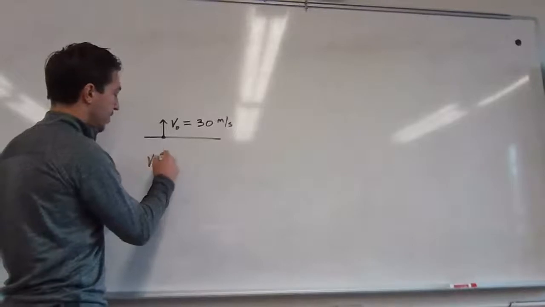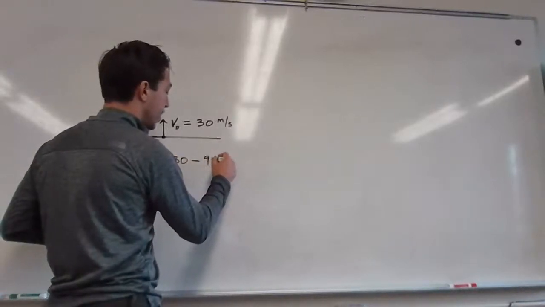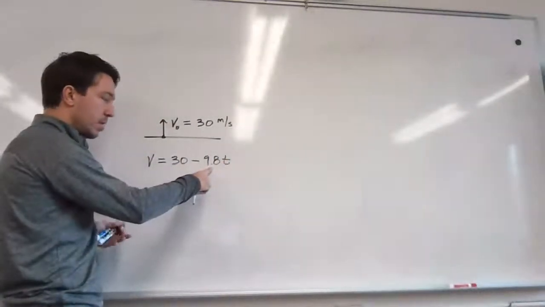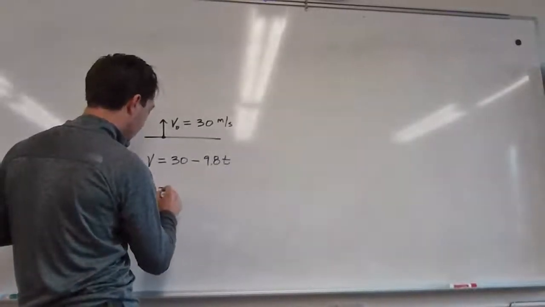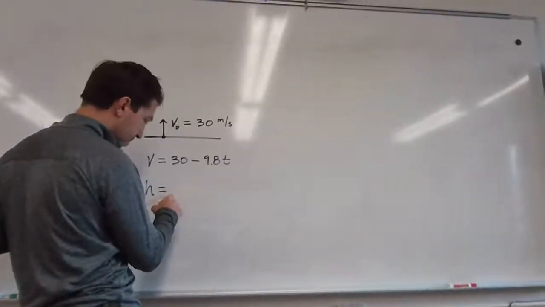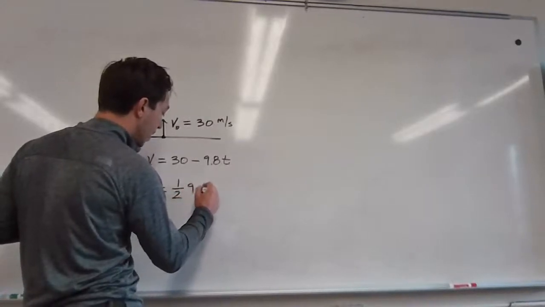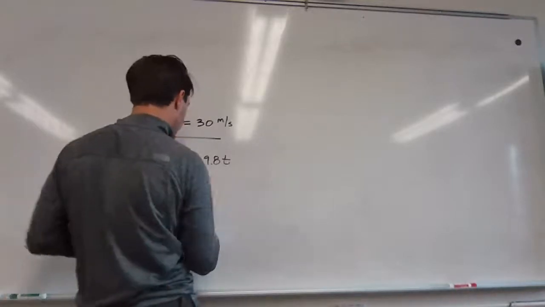Your velocity function would be initial velocity plus acceleration times time, and this is called g, the acceleration due to gravity. And then the position function, the height, would be the initial height of 0 plus 1/2 at squared.